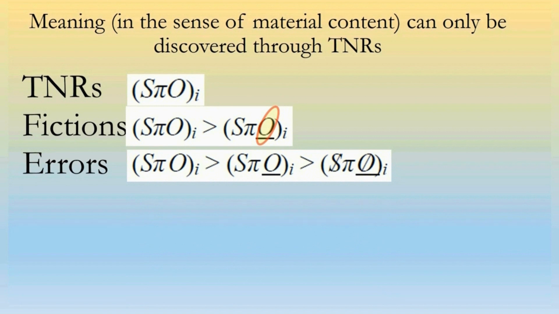The object is imperfect. It's not indicated by the sort of signal that ought to be used. For instance, if we say heads when tails is showing on the coin, the material fact is not the one indicated. But at the same time, if I say tails when the coin shows heads, the string of symbols is also imperfect. So an error is always imperfect in two of the parts of a TNR.